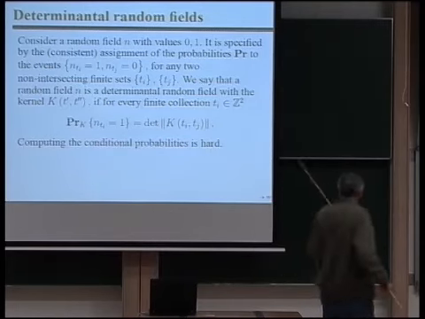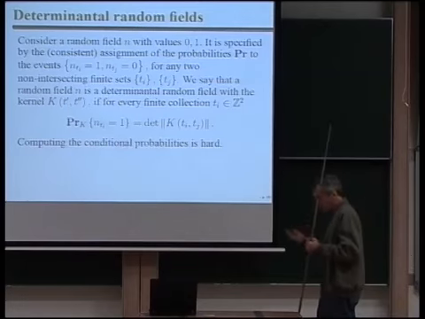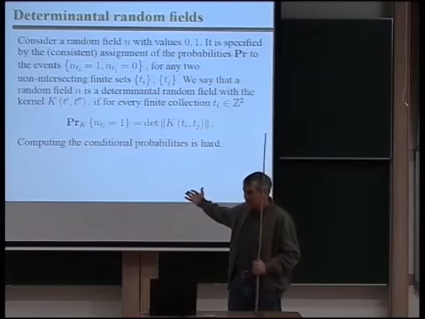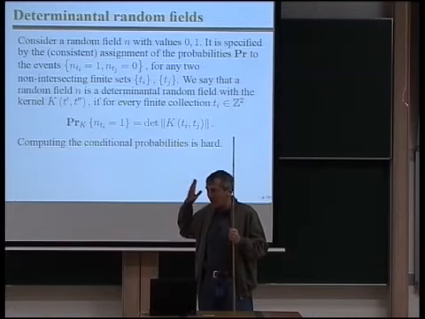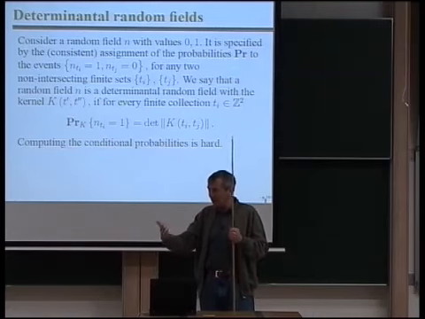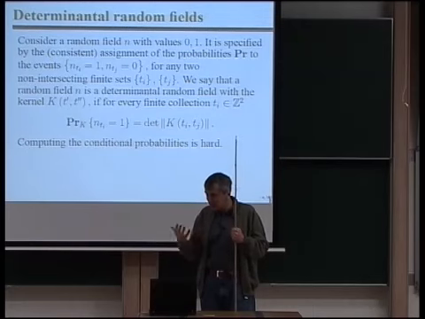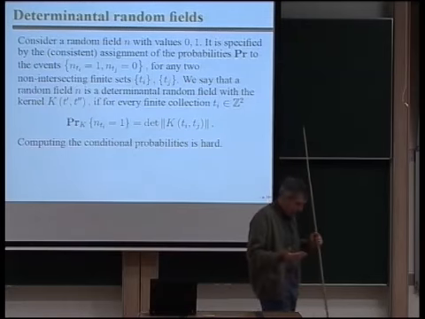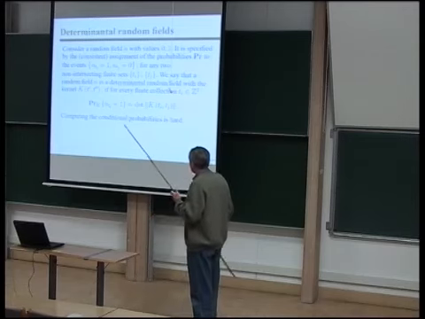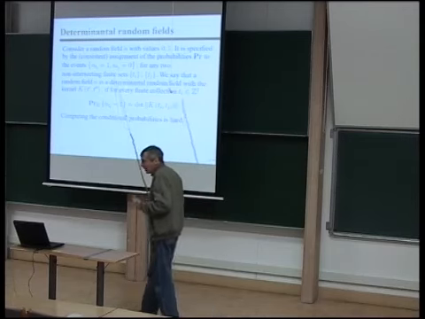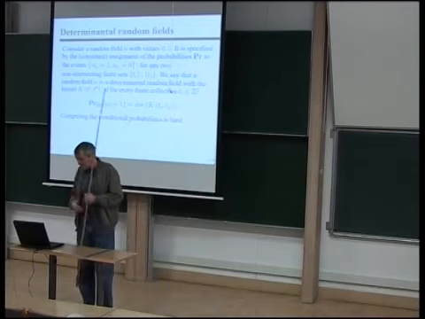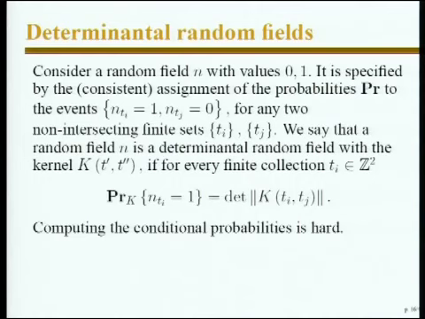If you are told that your random field is determinantal, and you are given the matrix that describes it, then it's very easy to compute the correlation functions. But to compute, say, conditional distributions might be very hard, because that again requires taking a limit.